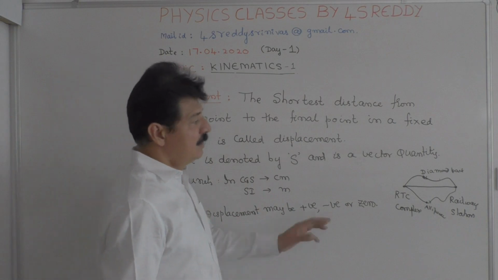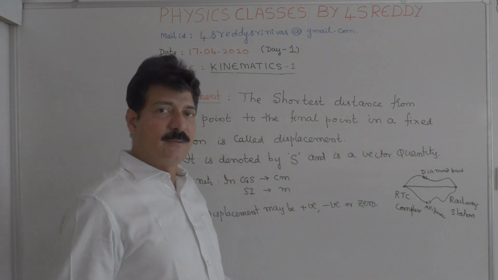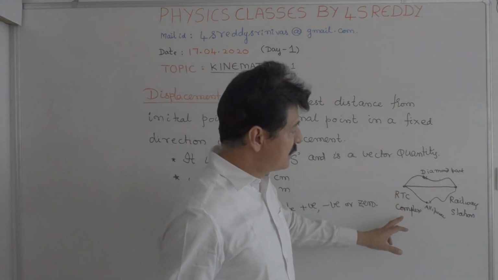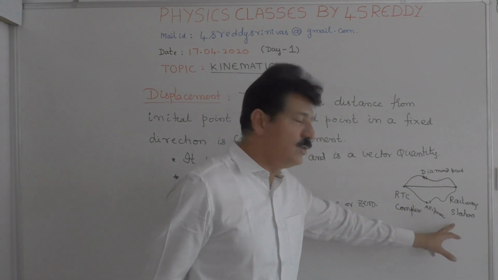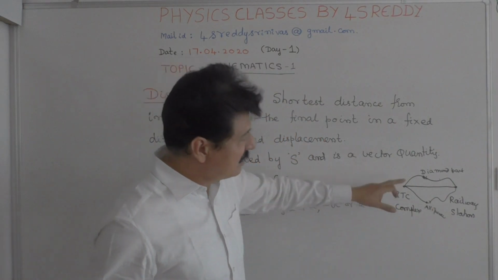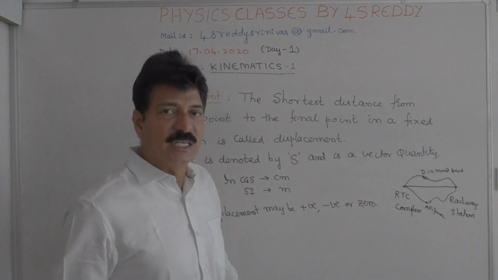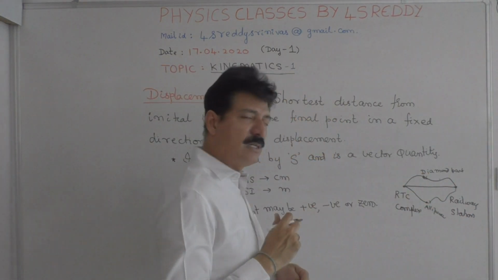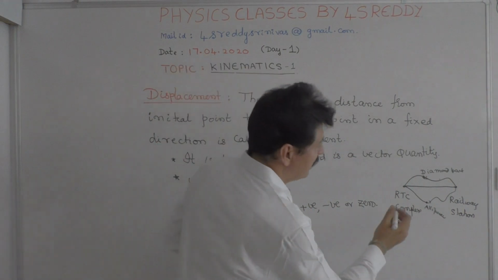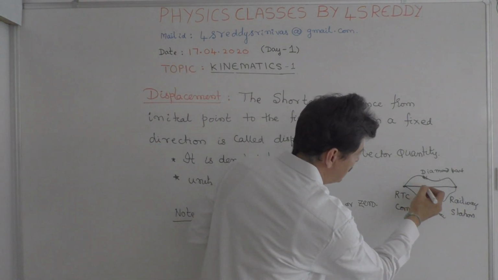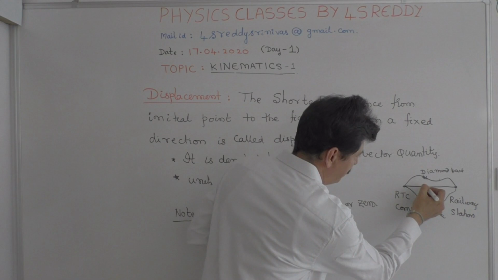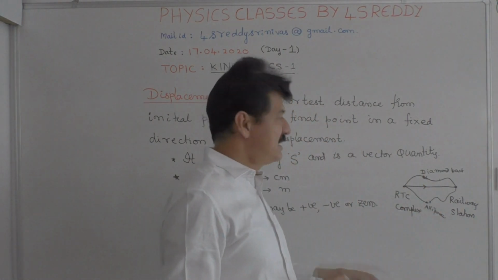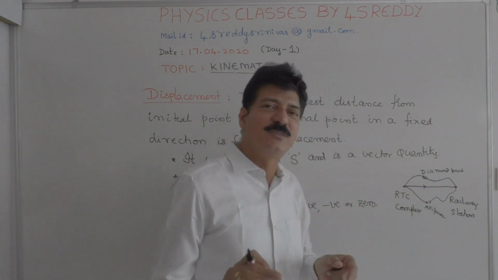Now, coming back to this, you are asked to go from RTC complex to the railway station. Among all these three paths, the shortest path is along the straight line joining the RTC complex to the railway station. If you mention the direction along the shortest path, this automatically becomes the displacement.